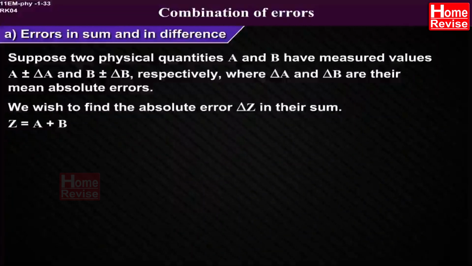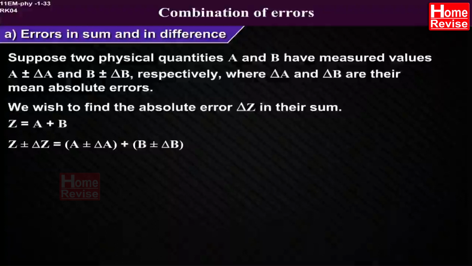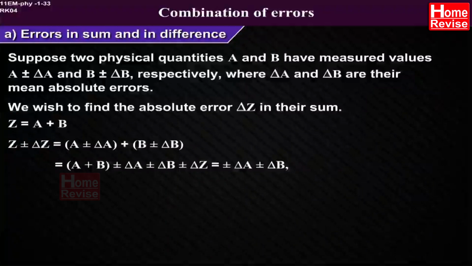Z ± ΔZ = (A ± ΔA) + (B ± ΔB), which equals (A + B) ± ΔA ± ΔB. So ± ΔZ = ± ΔA ± ΔB.